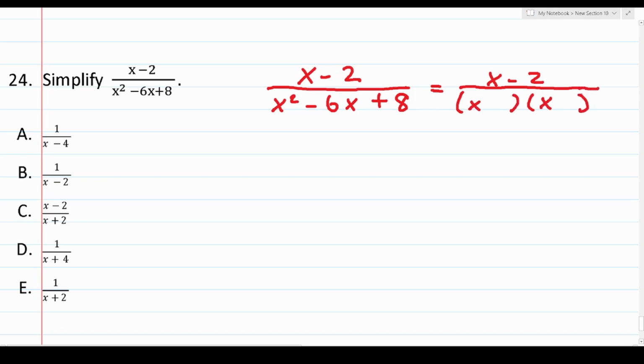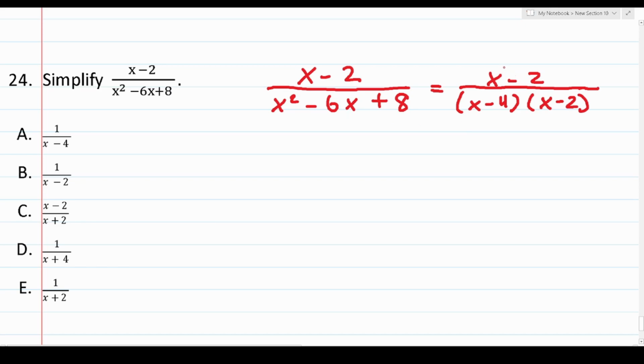Now all we have to do is find two terms that multiply to positive 8, but add to negative 6. That's going to be minus 4 and minus 2. Again, negative 4 times negative 2 is positive 8, and negative 4 plus negative 2 is negative 6.